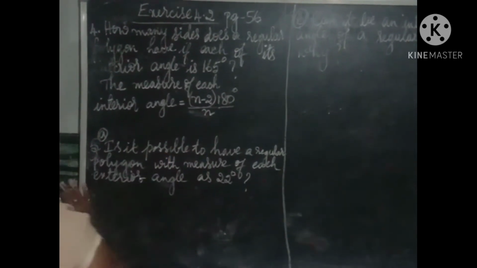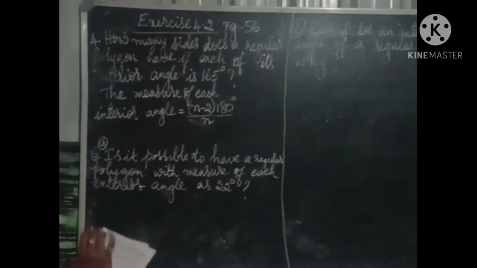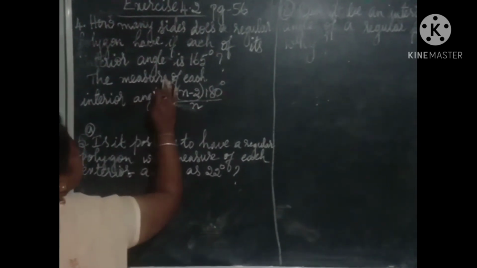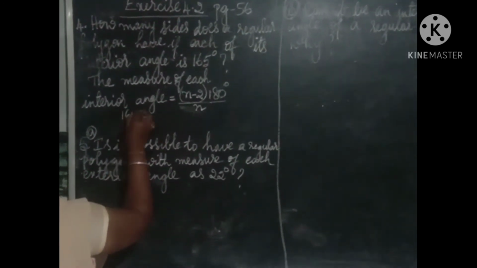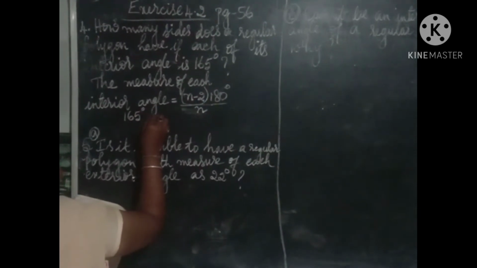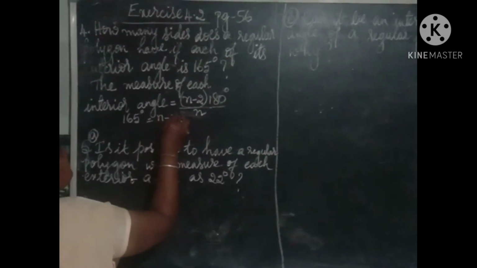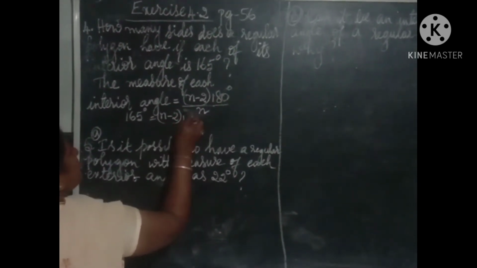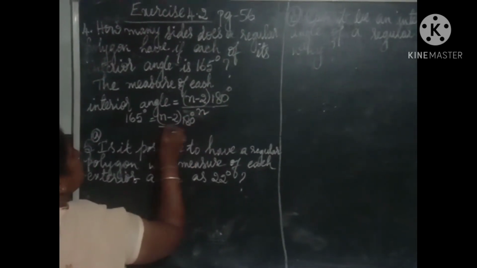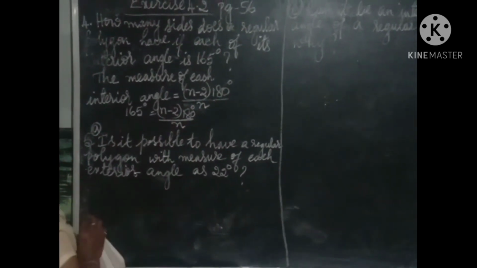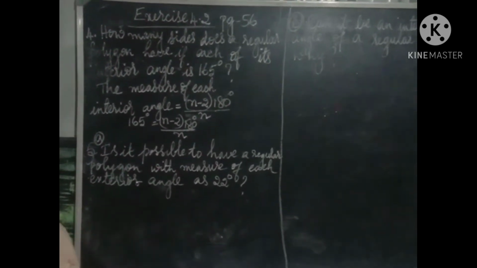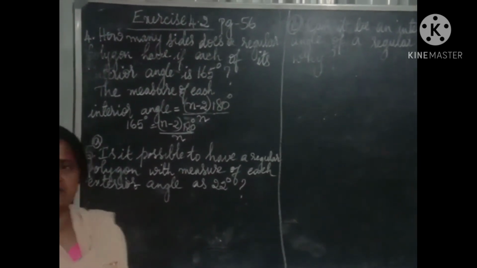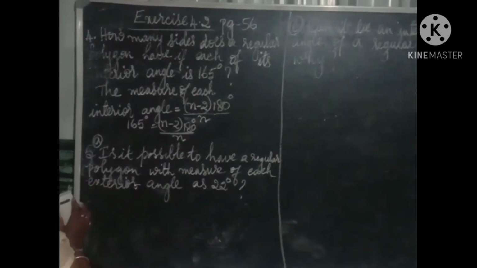Here they have given the measure of each interior angle as 165, so 165 is equal to n minus 2 into 180 divided by n. This we have to simplify. How to simplify this?